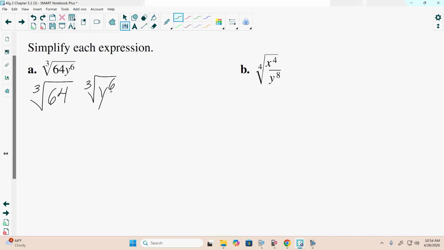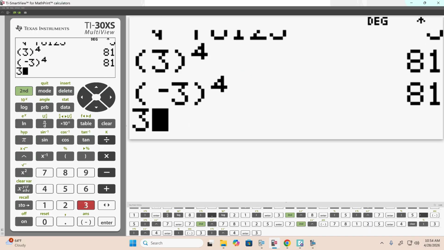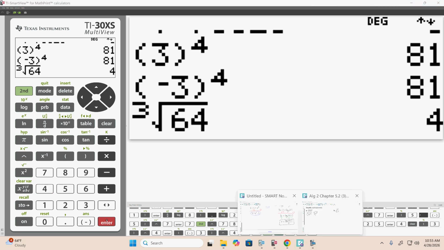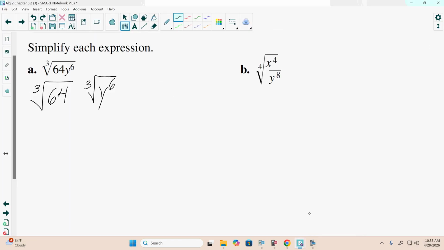Cube root of 64, we could do the factor tree, break it down, and do that there, or I can let the calculator tell me what the cube root of 64 is, and it is 4. Now, because the calculator told me it's a nice number, we can just replace it. I don't have to do the factor tree with it.